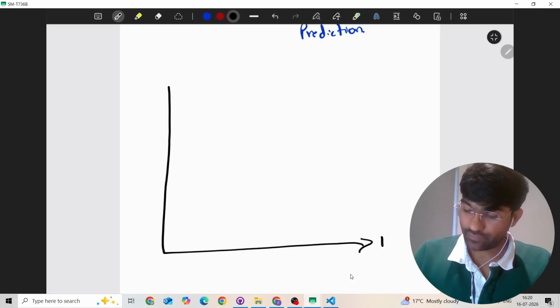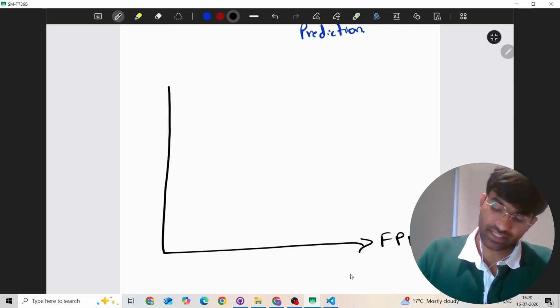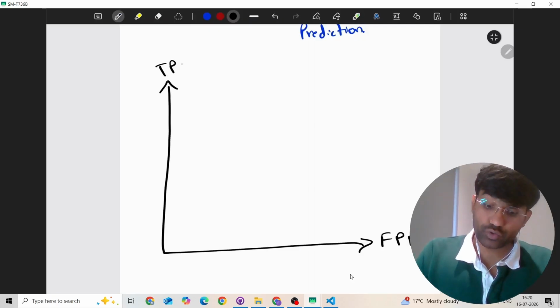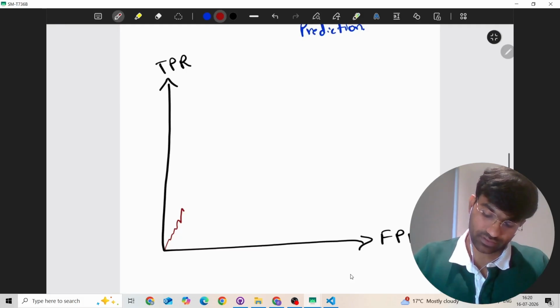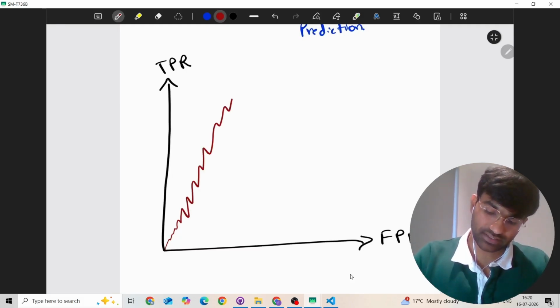This is the false positive rate. The X-axis will be the false positive rate, and the Y-axis will be the true positive rate. And our ROC curve will be like this.